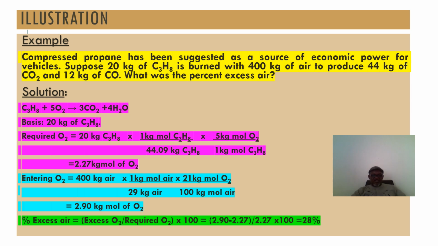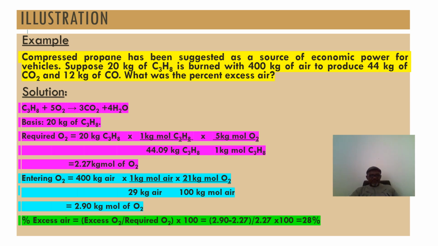So required oxygen is 20 kg multiplied by... If you look at the equation, the propane is 1 mole, oxygen is 5 moles. So if we convert to kg, we'll be talking about kilogram mole. So 1 kilogram mole of propane and 5 kilogram mole of oxygen.